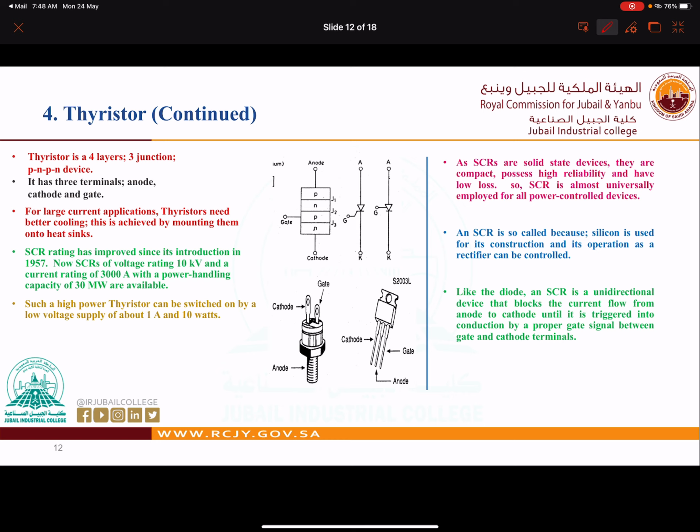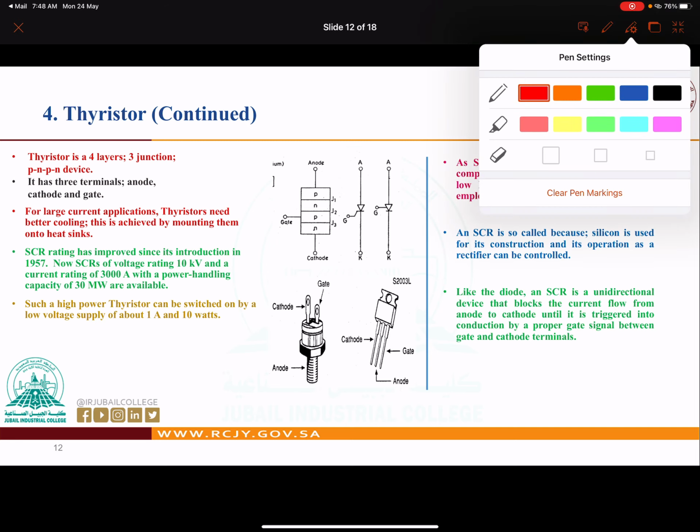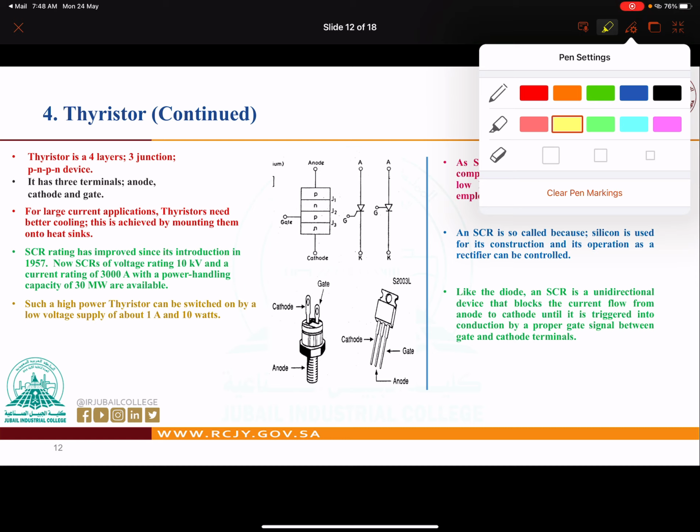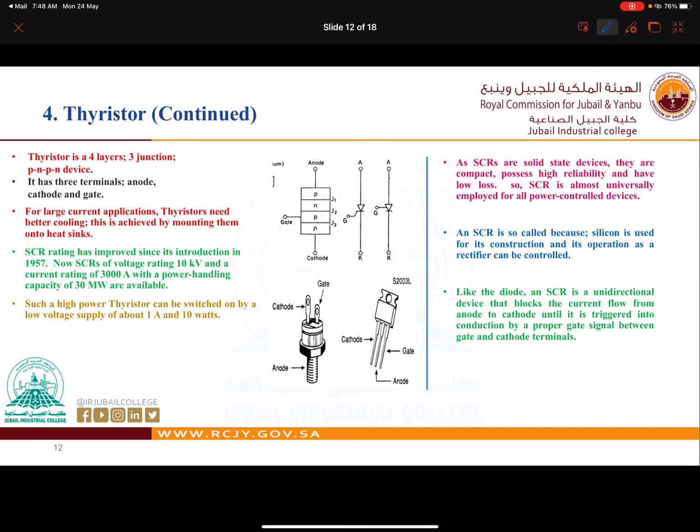Now, the thyristor, as I explained, has 4 layers, which are P, N, P, N, right?